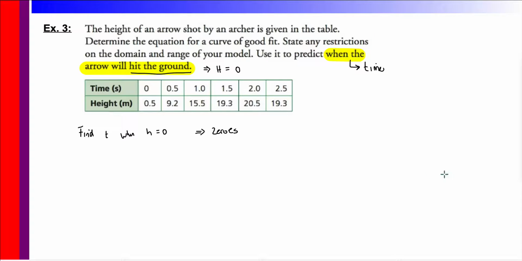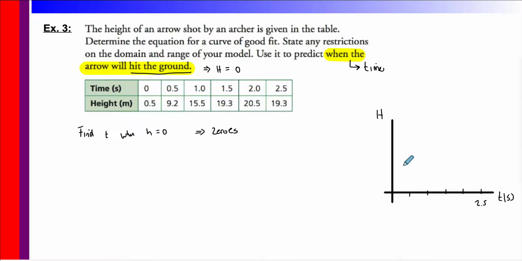Okay, if we make a quick model of this, we can see that the time goes from 0 all the way up to 2.5, and that the actual y values for the height go from near 0 up to about 20.5 and then back down again.